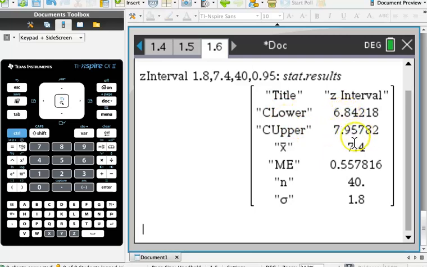What we should notice is that x bar, the value of the sample mean, is smack bang in the middle of those. So whatever we subtract from 7.4 to get the lower value is the same thing we'd add to 7.4 to get the upper bound. So this is what I would put down as my syntax.